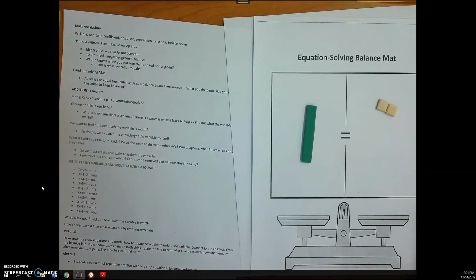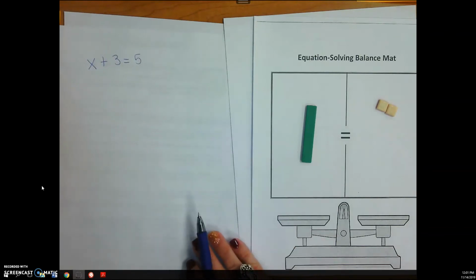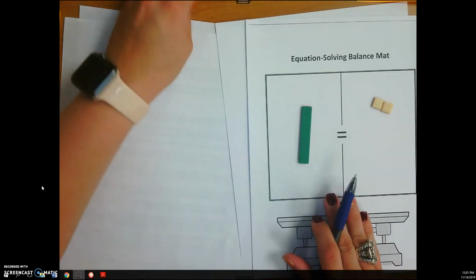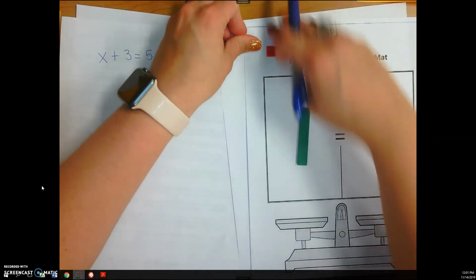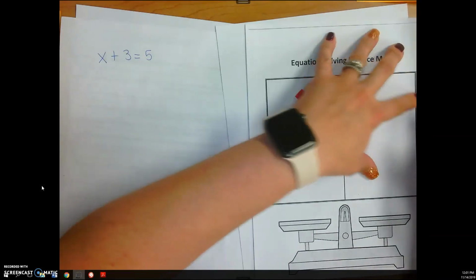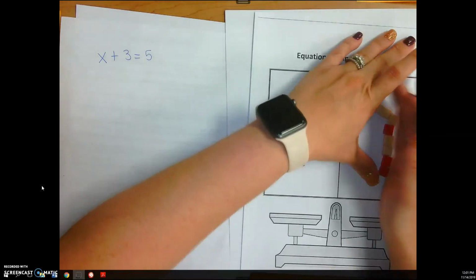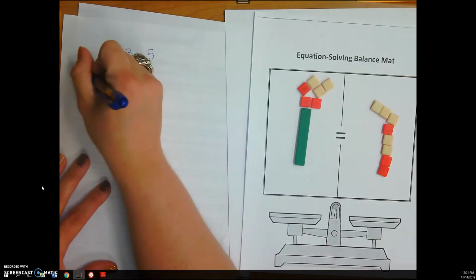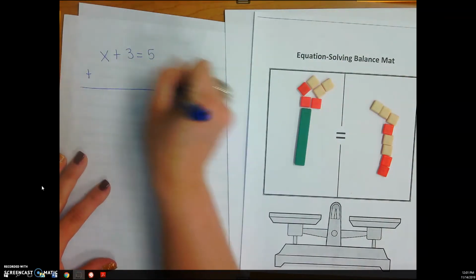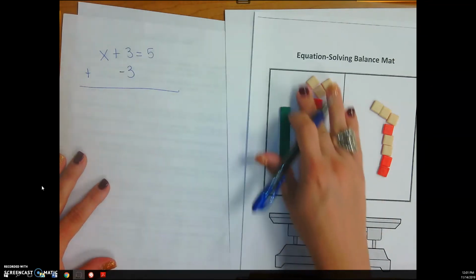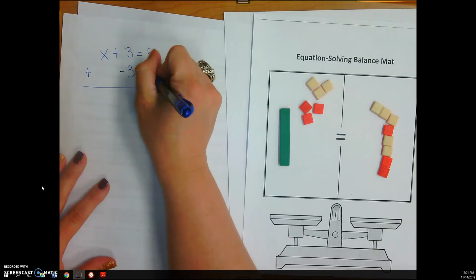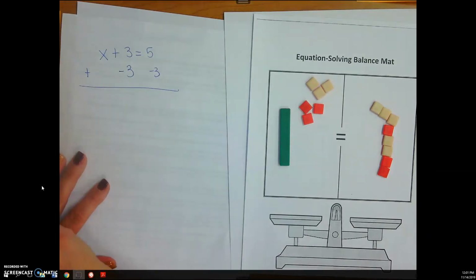Sorry. As you are doing that here, we would need to be doing this as we're going. So we added on this side to our balance beam, we added 3 negatives. On the other side of our balance beam, we added 3 negatives.